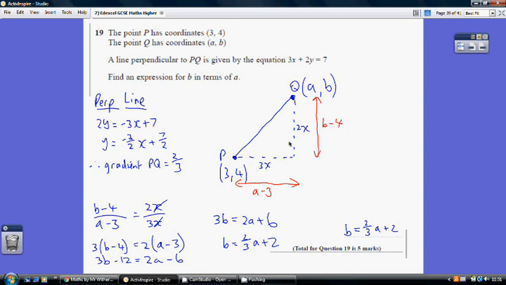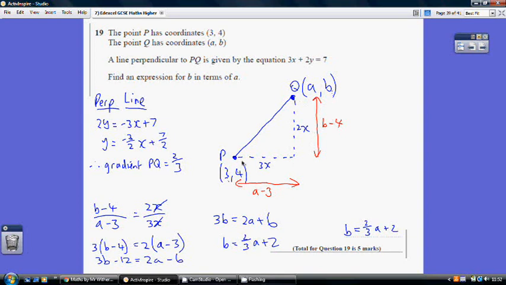So what we can say is if we think about the length here, the length that is the same as this 2x, we're looking at the y coordinates here, we're going all the way from 4 up to b. So this length here is b minus 4, that equates to the 2x.